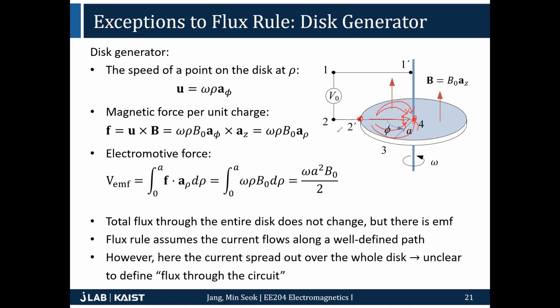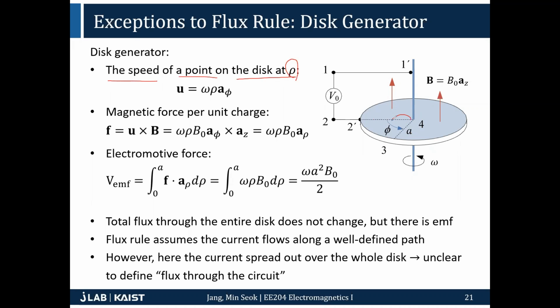So one way to deal with this problem is to go back to the basics, thinking about the microscopic force. So the speed of a point on the disk at rho.